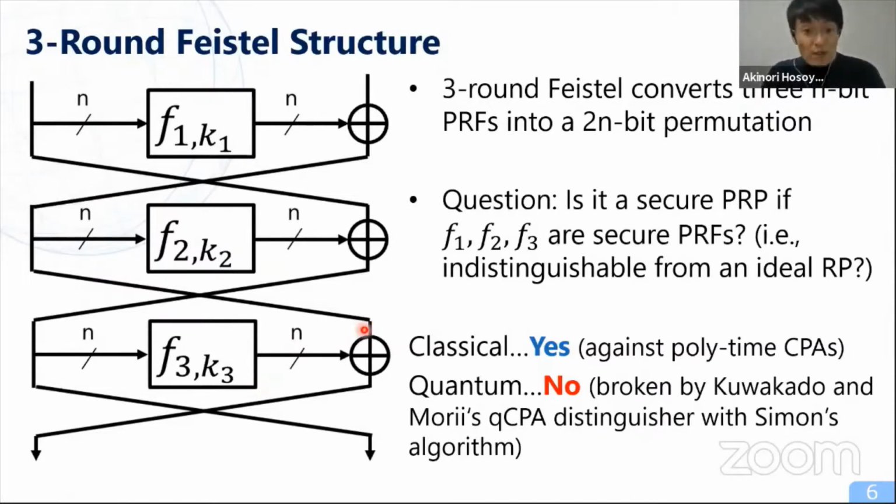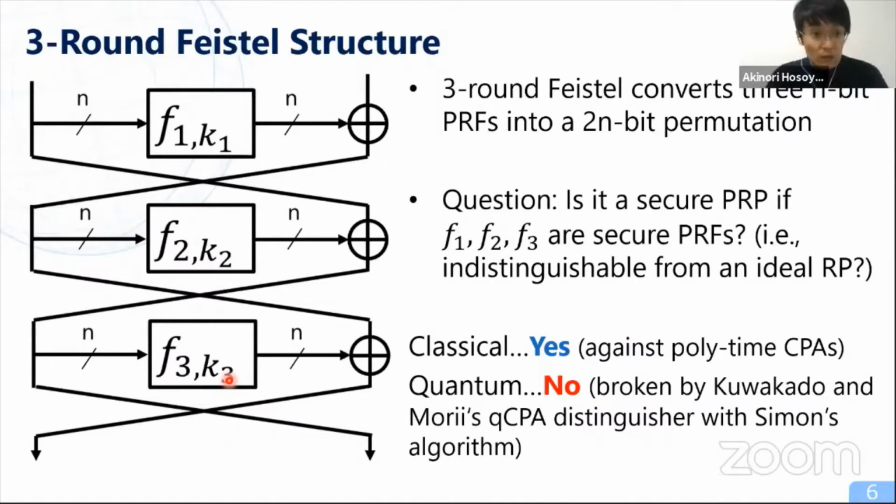In the classical setting, the answer is yes, because there is a security proof that this permutation becomes a secure PRP against polynomial time chosen plaintext attacks. However, in the quantum setting, the answer is no, because in the Q2 model, Kuwakado and Mori showed that there is a quantum chosen plaintext distinguisher against this scheme.